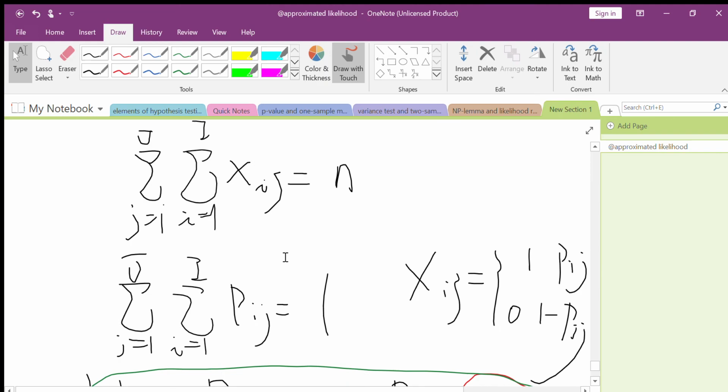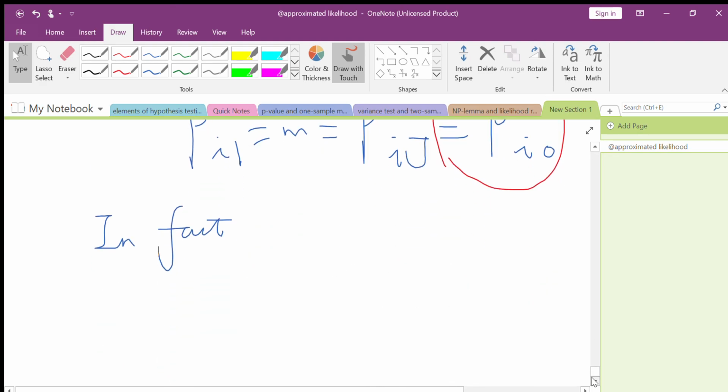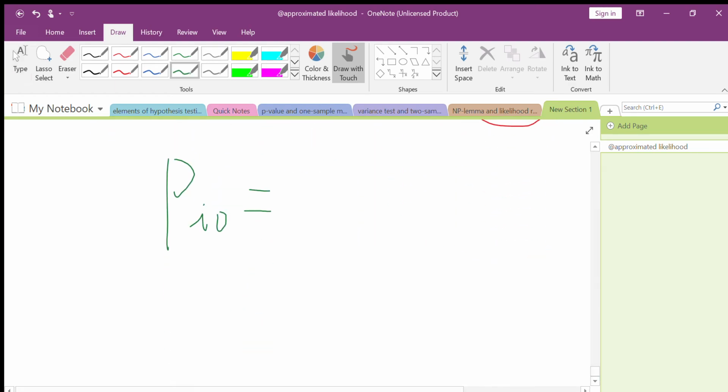The probability of the ith level in group 1 is the same across all levels of group 2. Just accept this as a fact; actually, you can derive it yourself using the principle of maximum likelihood. Under H null, Pi0 should be the MLE Pi dot hat.